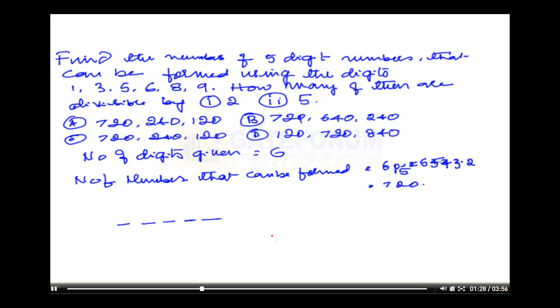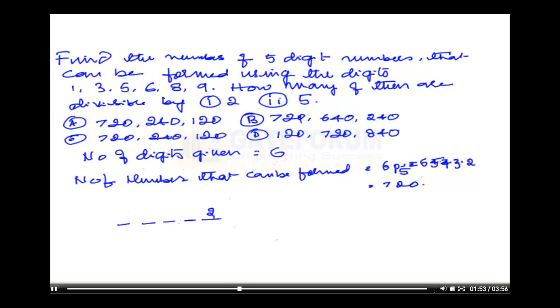Therefore, we have to fill the digit in the unit place which is always divisible by 2. Hence, we get all the numbers which are divisible by 2. Hence, the unit place can be filled with any one of the numbers that is divisible by 2, that is 6 and 8. Hence, there are two ways of filling them.